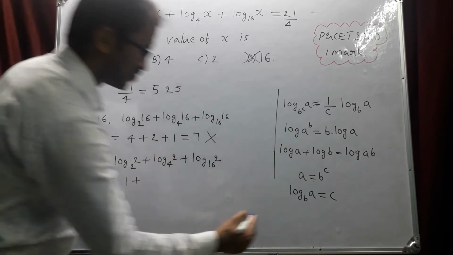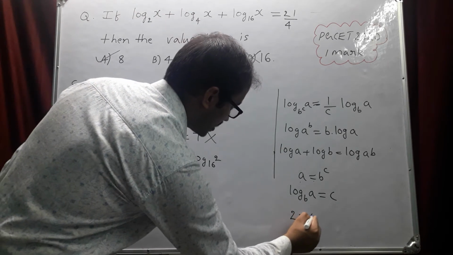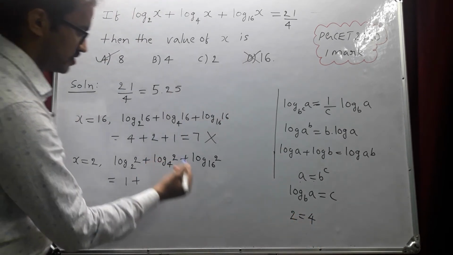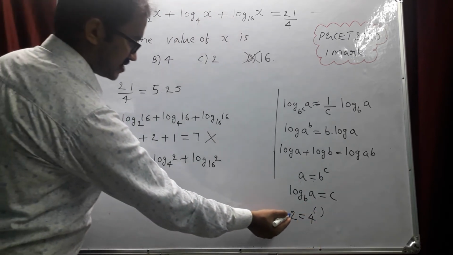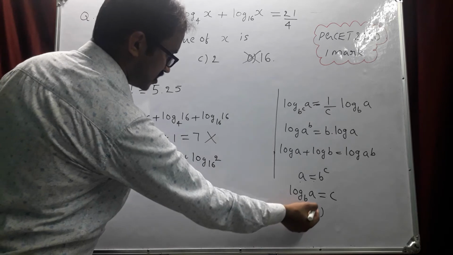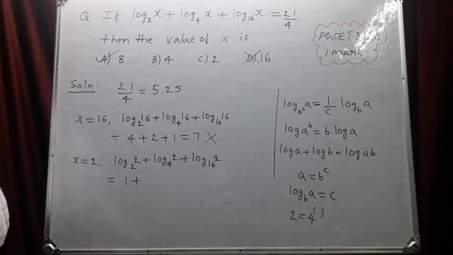We have to write 2 as 4 power something. Since 2 is less than 4, this power should be less than 1.